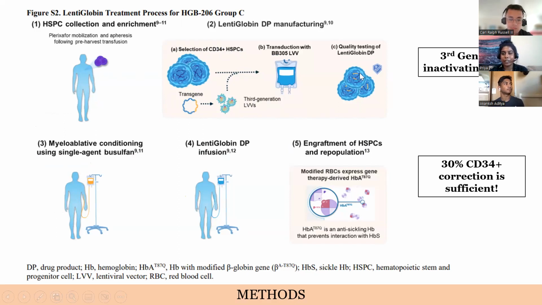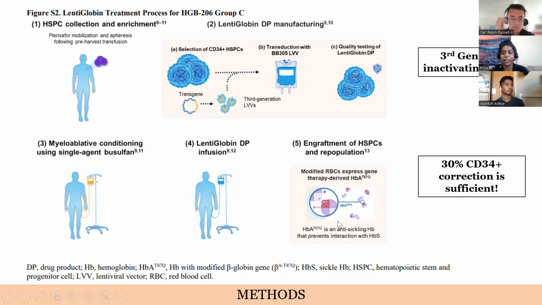Once that is done, they do some quality testing. To prepare the patient for the infusion, they do myeloablation, again making space for these new cells to engraft and express. And it's just an IV infusion. After that, they monitor to see if there is a change, right?